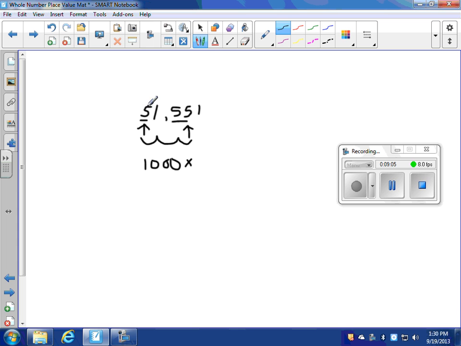If we're comparing the 5 in the 10,000s place to the 5 in the hundreds place, it's 1, 2 hops. So that's the same as 100 times greater. So the 5 in the 10,000s place is 100 times greater than the 5 in the hundreds place.